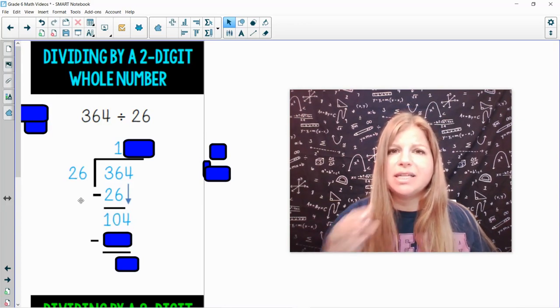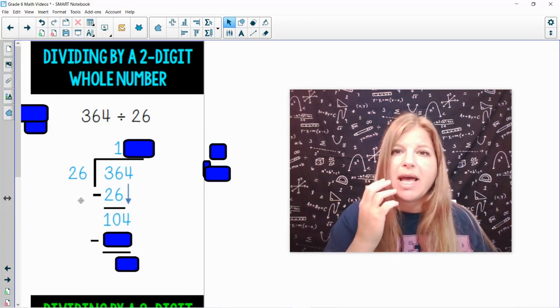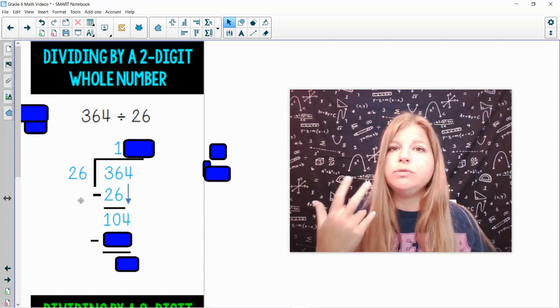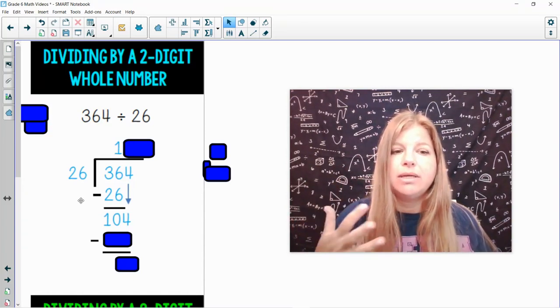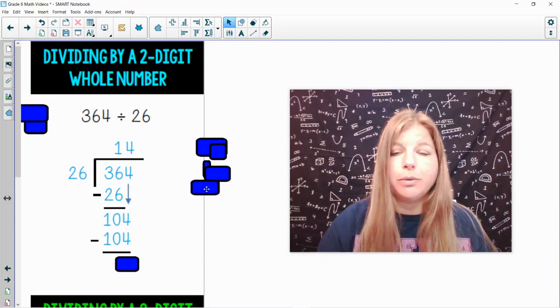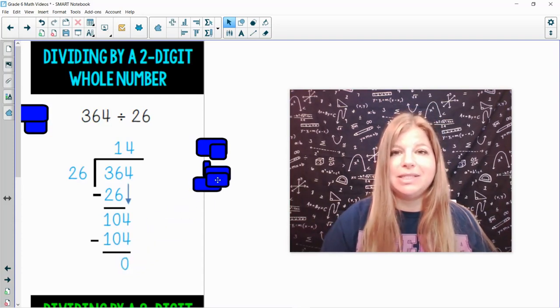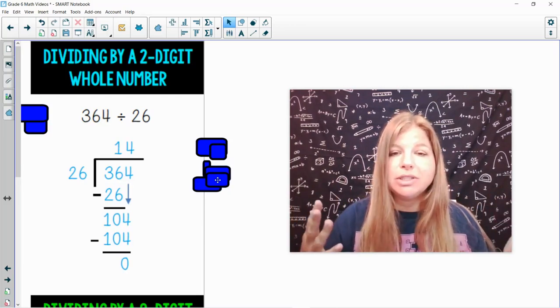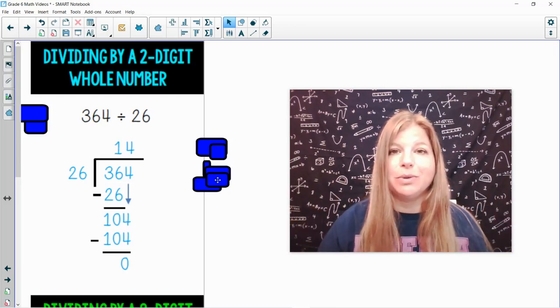Well, 26 times 2 is 52, and 52 times 2 is 104. So if there are two 26s in 52, how many 26s would be in 104? It would be 4. 26 times 4 is 104, and if I subtract them, I'm left with 0. And so I have this beautiful answer of just 14. 364 divided by 26 is 14.